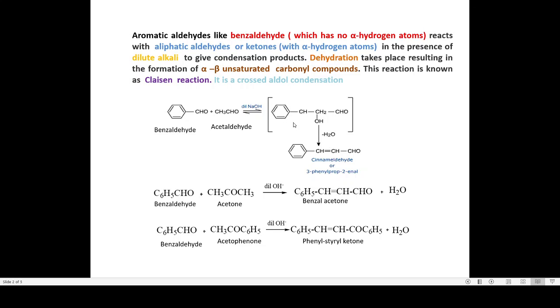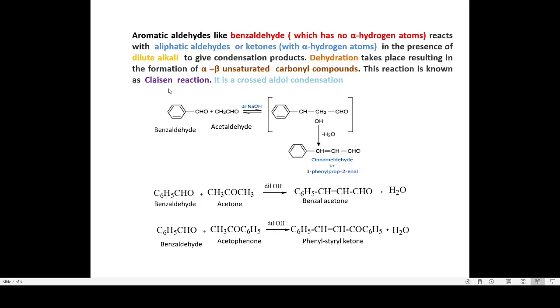This condensation product undergoes dehydration, that is, the removal of a water molecule, resulting in the formation of an alpha beta unsaturated carbonyl compound.